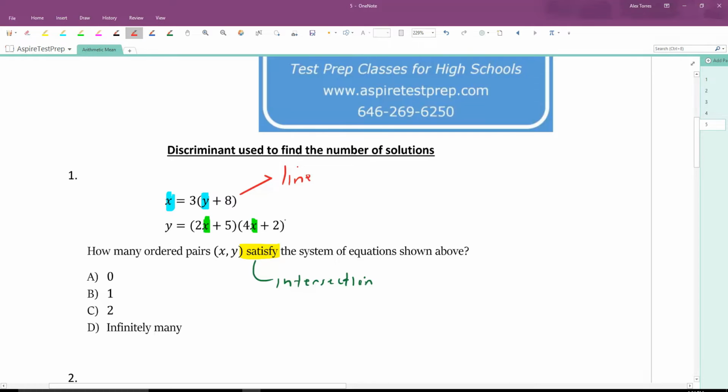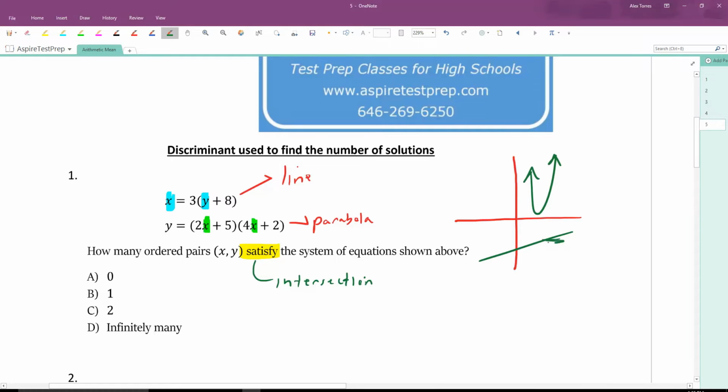Now, when we try to figure out where this line and this parabola intersect, we need to ponder some different scenarios. For instance, we could have the line right here and the parabola right here. In other words, they can never hit.